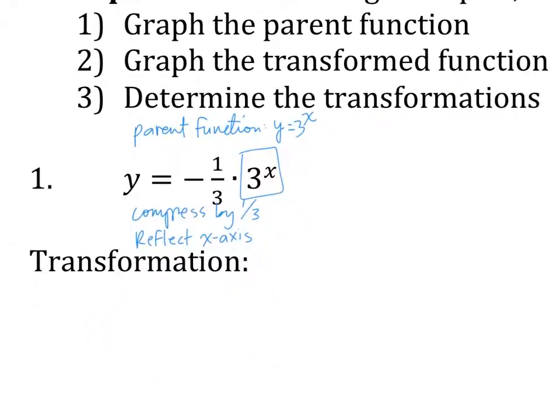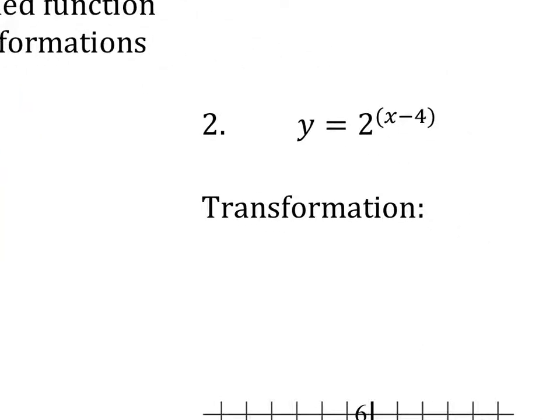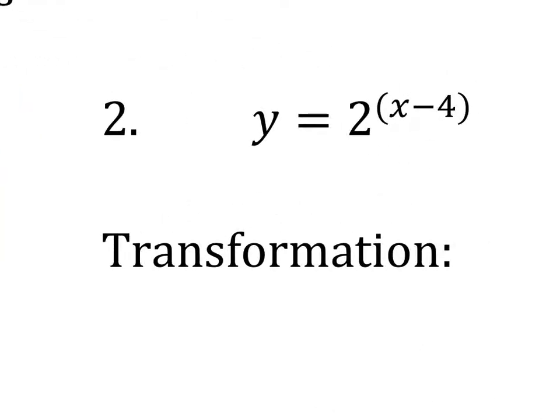All right, let's have you guys try 2 and 3. So you are going to first figure out what is the parent function, and then what is the transformation. All right, let's look at this. Number 2, Chad, what is the parent function? 2 to the x.